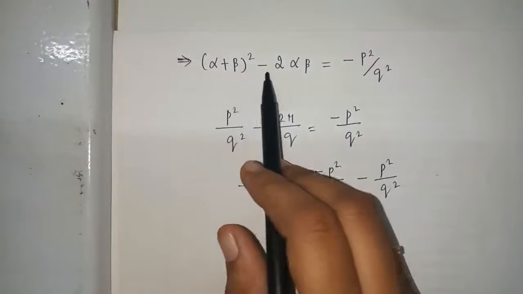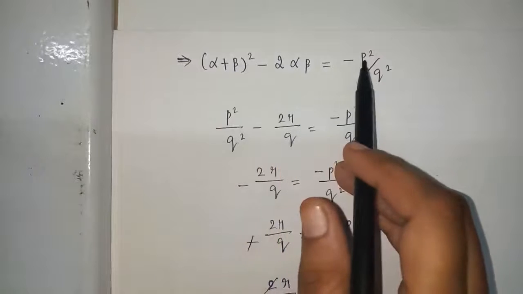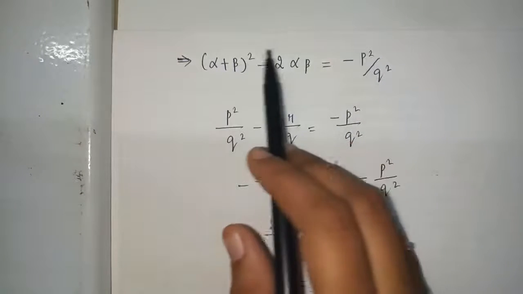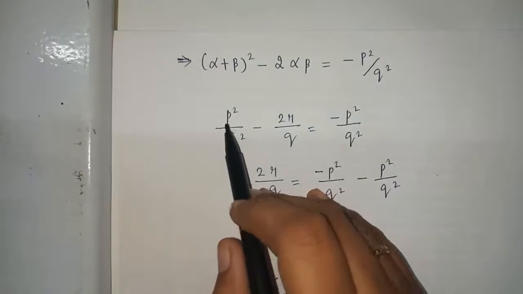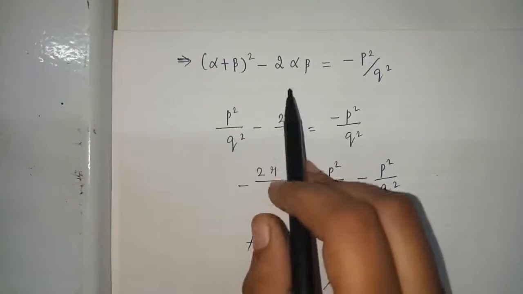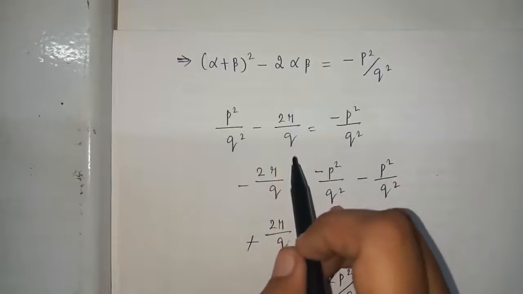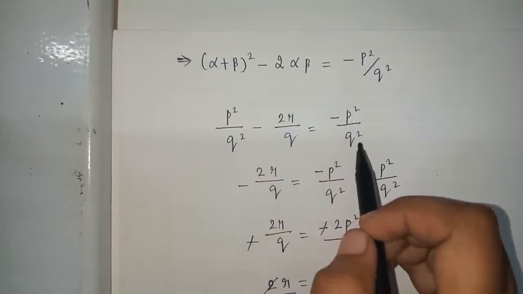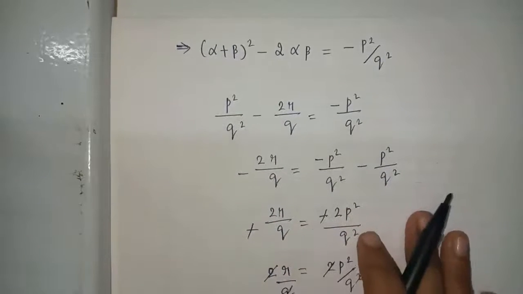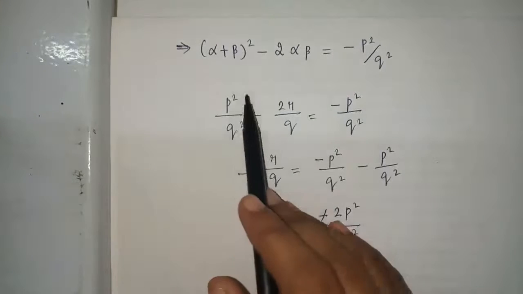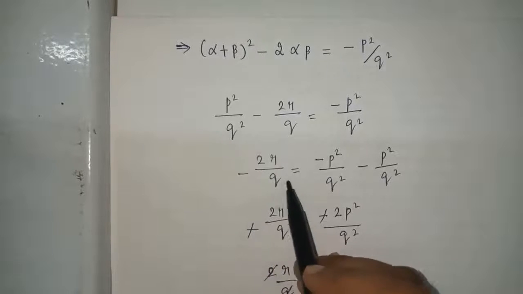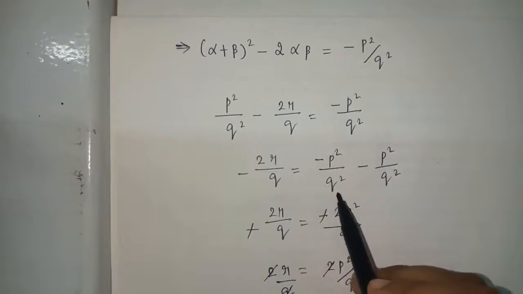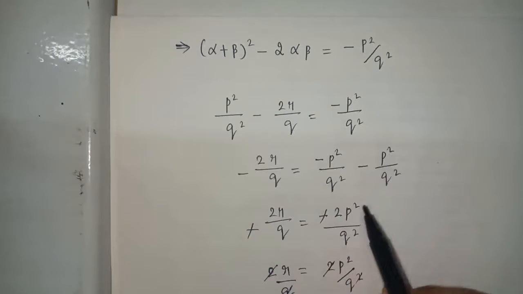Alpha plus beta the whole square minus 2 alpha beta is equal to minus p square by q square. Now substitute the value of alpha plus beta, minus p by q. So p square by q square minus 2 into alpha beta value, r by q, is equal to minus p square by q square. Now take p square by q square to the right hand side. So minus 2r by q is equal to minus p square by q square minus p square by q square.